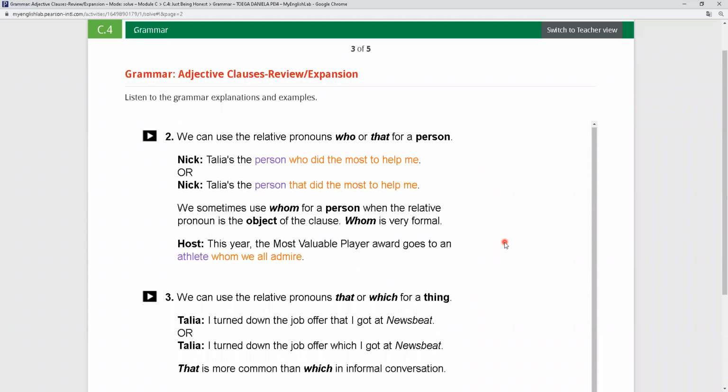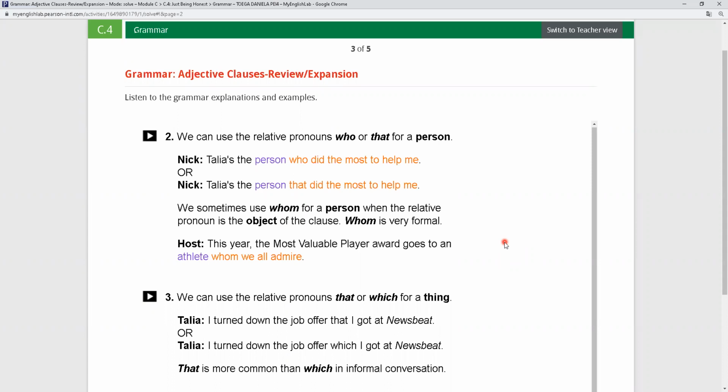It is gonna help you to learn how you can use the best option. Okay, because who is the same, right? But whom is a little bit more formal, and it also works with objects, not with subjects. Okay, so that could be the difference.